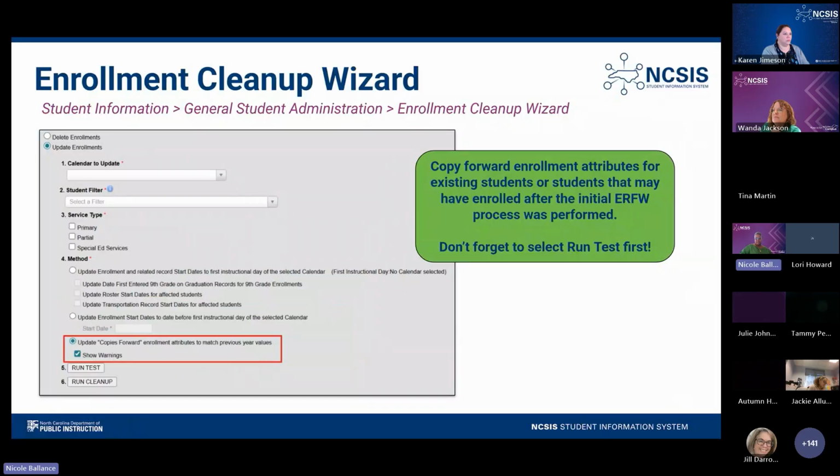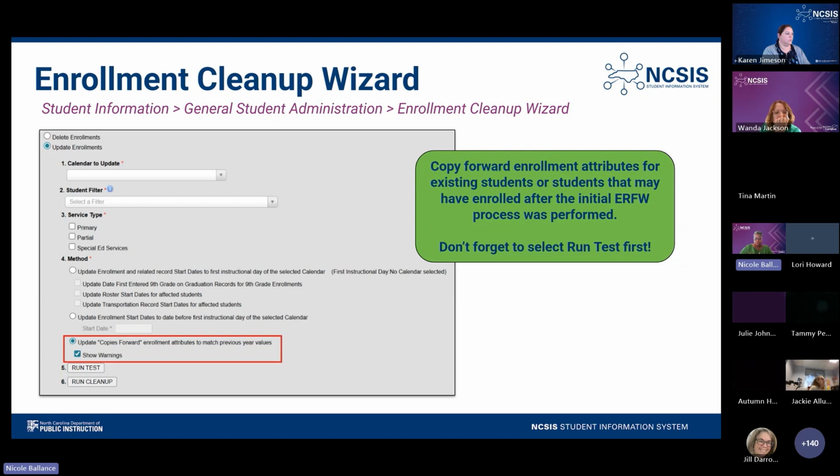And lastly, the updating of enrollments as it relates to copying forward those enrollment attributes. Let's say, for example, you have some new students that are being enrolled after you've run the process, and then you make some adjustments to their enrollment attributes.